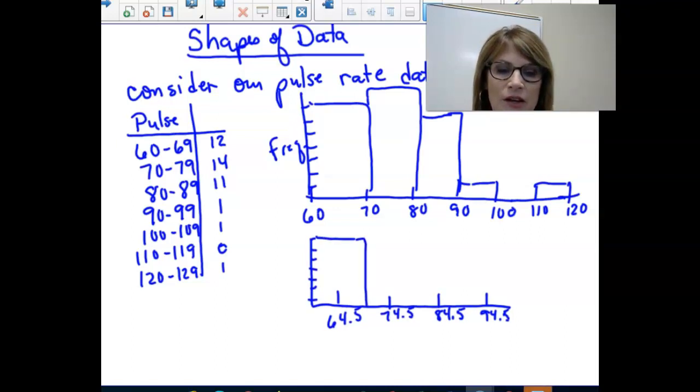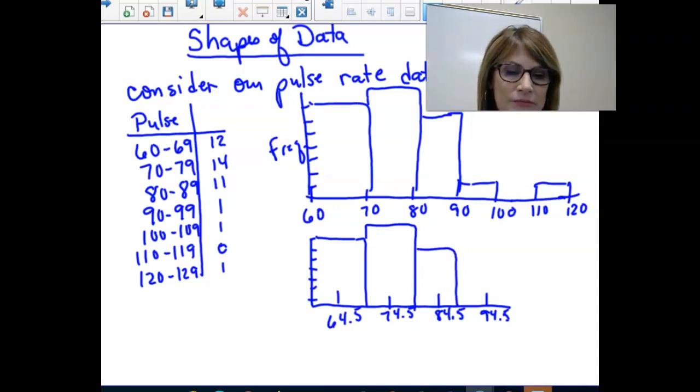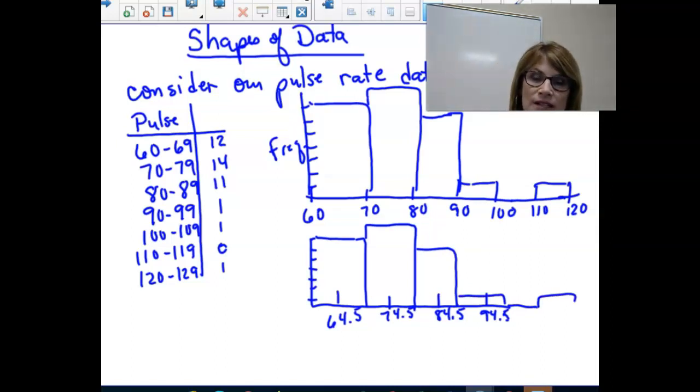We had 12 of these, 14, 11, 1, 0, 1. So you get the idea that you can use your lower class limits, you can use your midpoints, you also could put your boundaries. You could put 59.5, 69.5. Any of those are valid and will work.